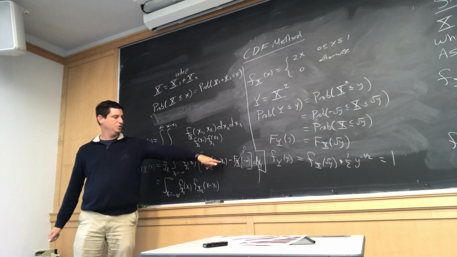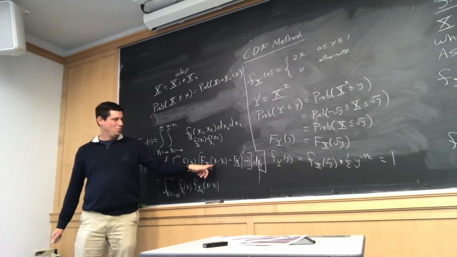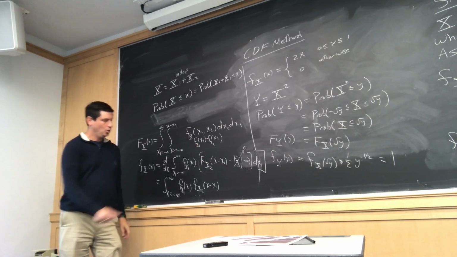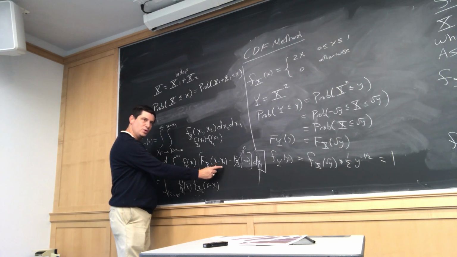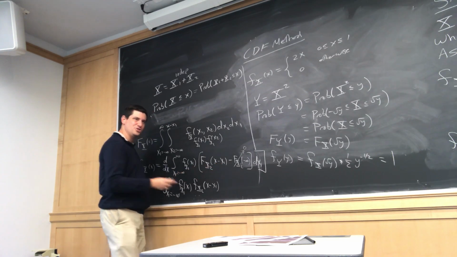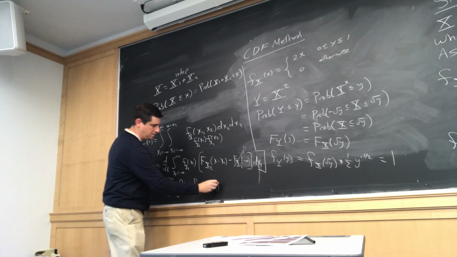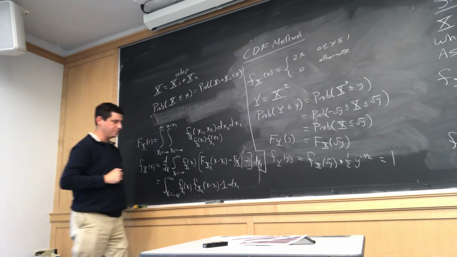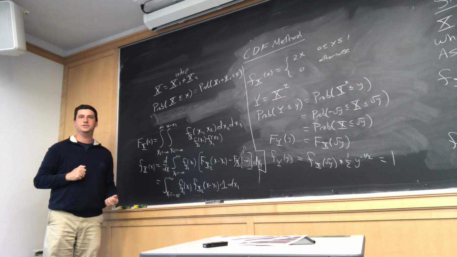Minus x1. No. We're taking the derivative of x minus x1 with respect to x. What's the derivative of x minus x1 with respect to x? It's just 1. And then we still have the integration with respect to x1. And that's the convolution formula we had earlier.